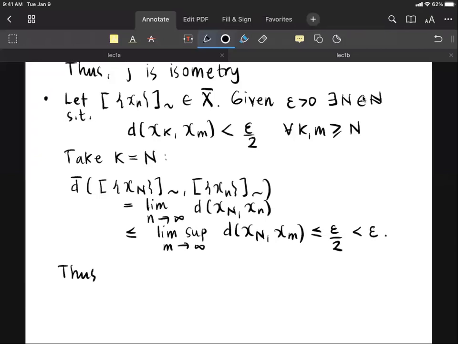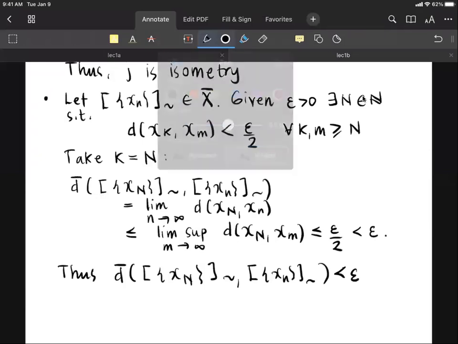Thus, the distance between the class determined by the constant sequence x sub capital N and the point that we have chosen in X bar is less than epsilon.